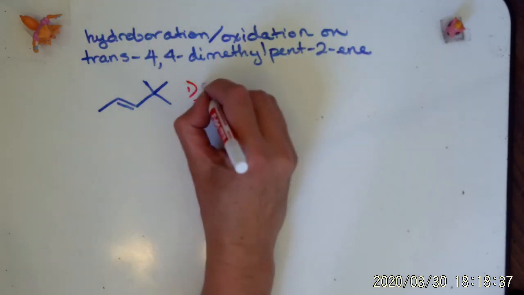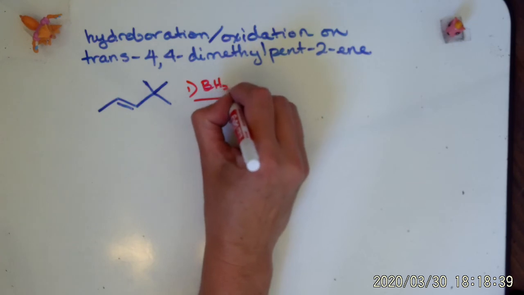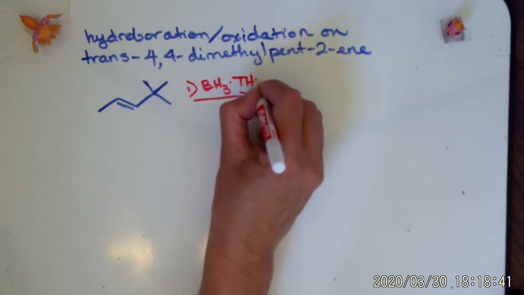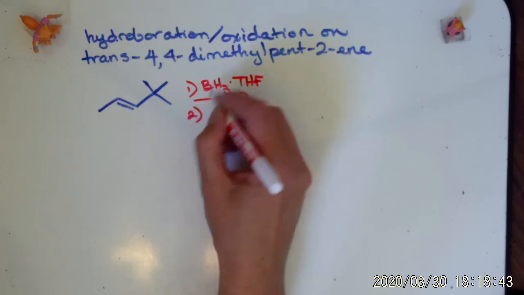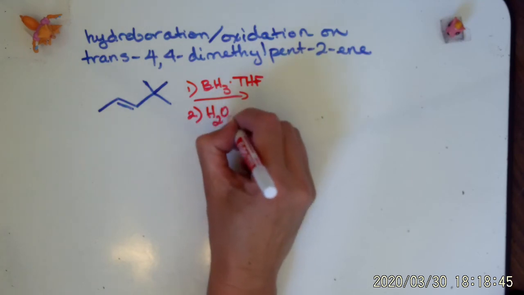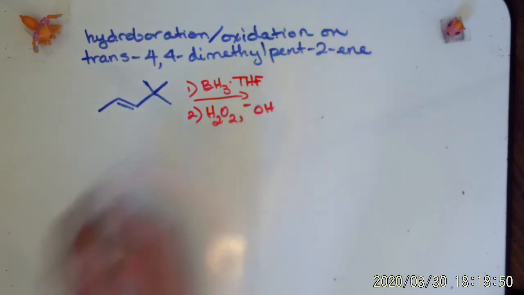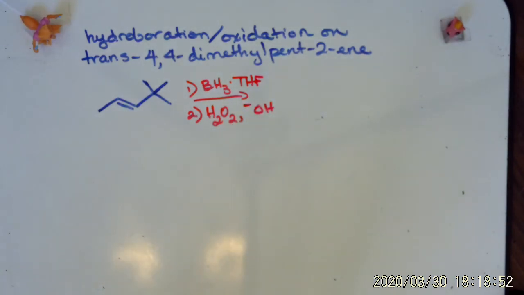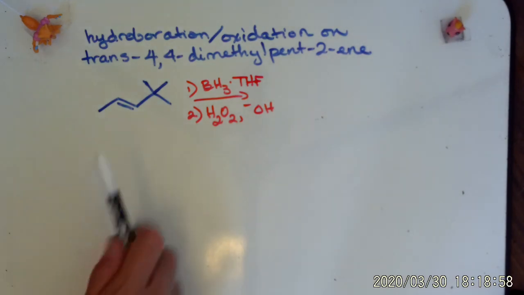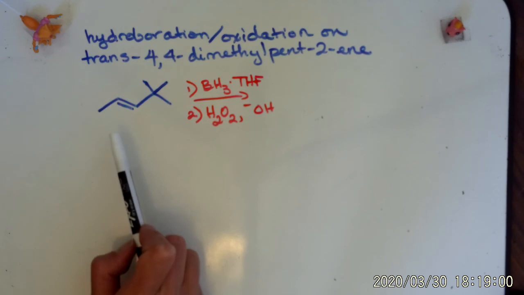First step, BH3 THF. Second step, hydrogen peroxide and hydroxide. All right. So when we do that, look at it, really, there's no regioselectivity.